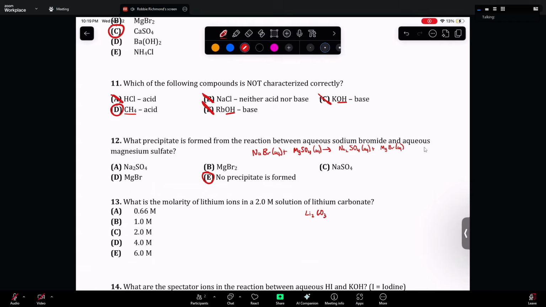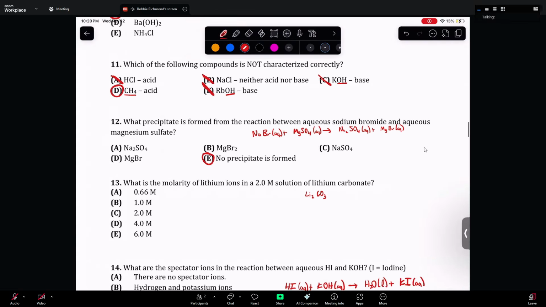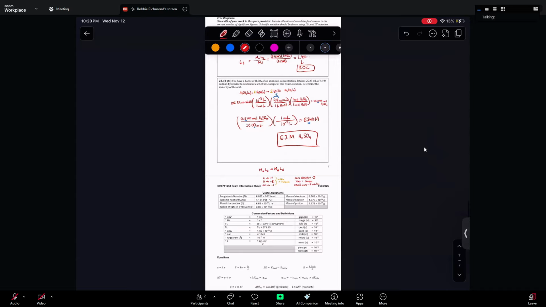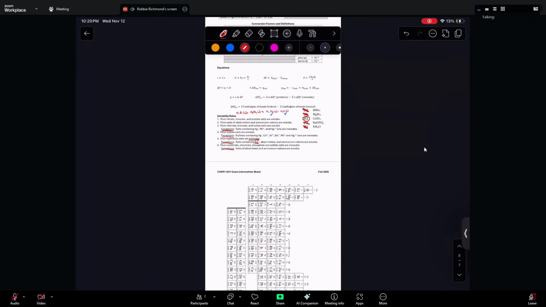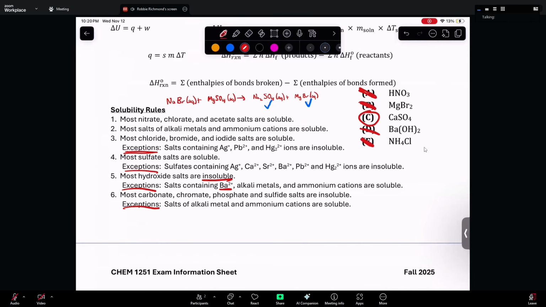Alrighty. Number 13, what is the molarity of lithium ions in a 2 molar solution of lithium carbonate? So, if we're looking at lithium ions, let's triple check that this can dissolve. So going back to our solubility rules for the millionth time, we're looking for carbonate and lithium.